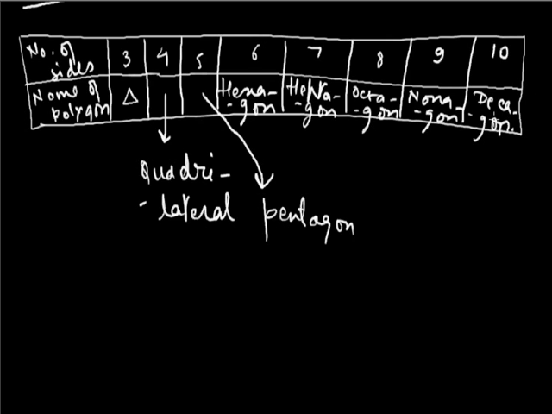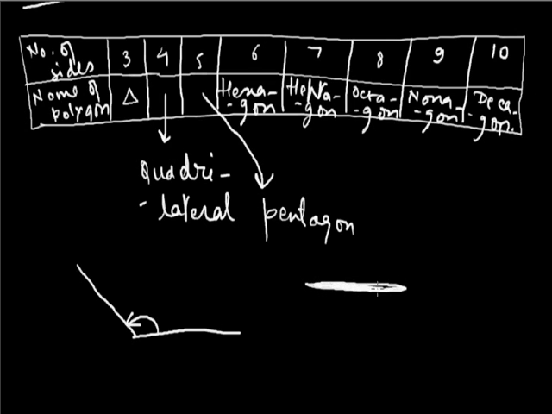Now you can see that the minimum number of sides required to form a polygon is 3, because without 3 line segments you cannot form a closed figure. 2 line segments can at most form an angle. If 2 line segments are coinciding, then they overlap each other.